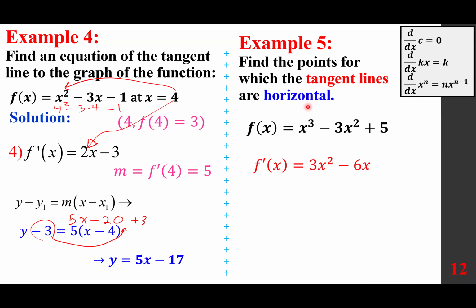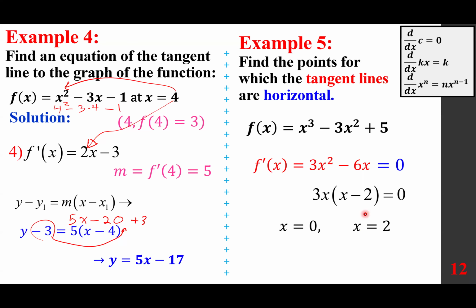But for it to be horizontal, we know horizontal lines have slopes that are 0, so you must set this equal to 0. And to solve this, first we factor out the 3x. We get 3x times x minus 2. 3x equal to 0, that means x equals 0, x minus 2 equal to 0, that means x equals 2.